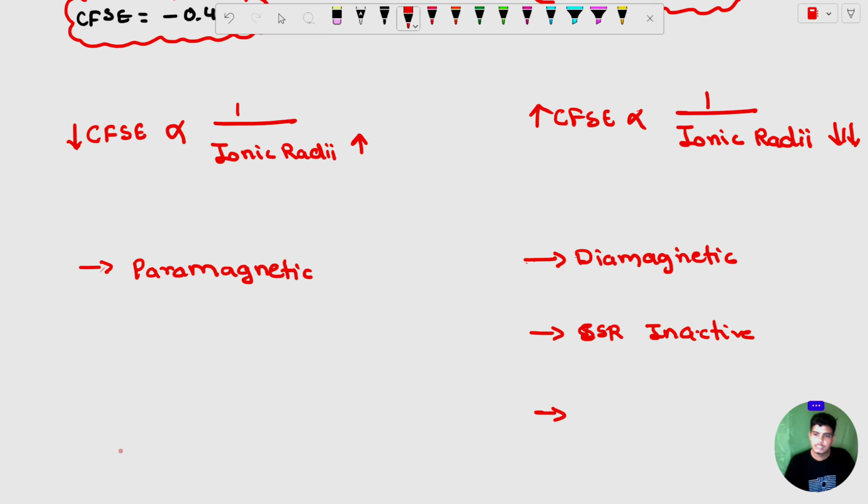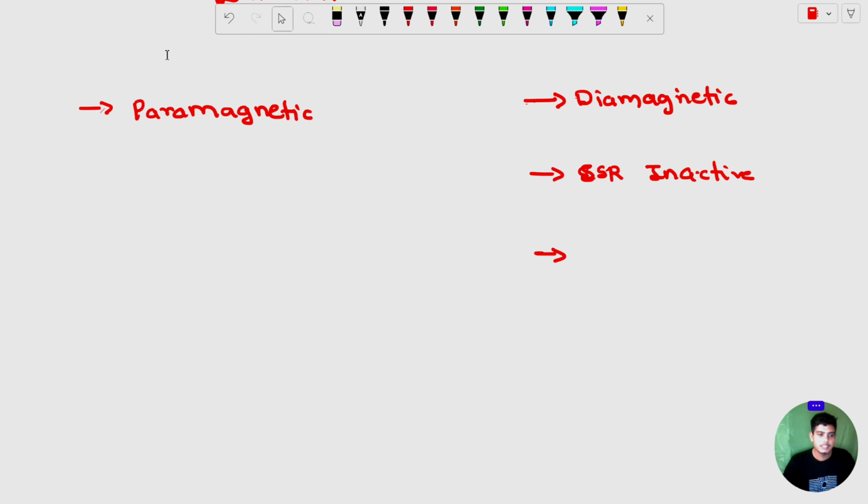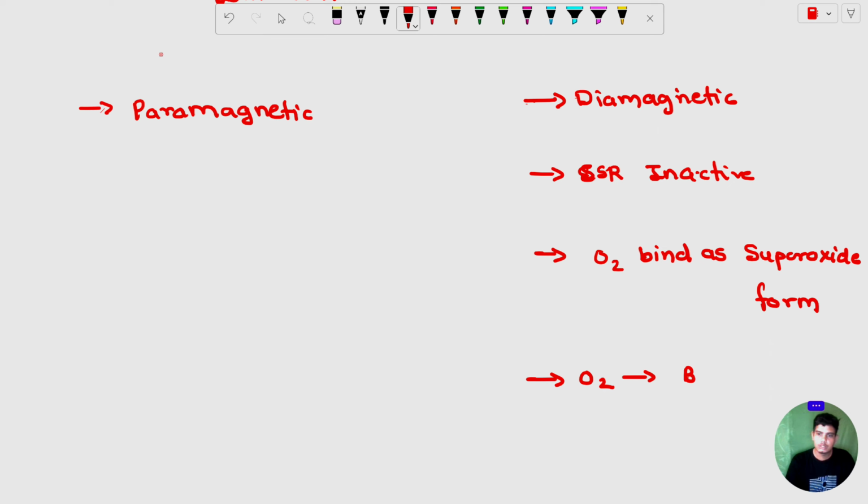Okay, and in oxymyoglobin the oxygen is bound in the superoxide form. Okay, O2 is bound as the superoxide form. Okay, and in the reaction of superoxide, O2 is bound to the hemoglobin, and the bond order of O2 is 2.